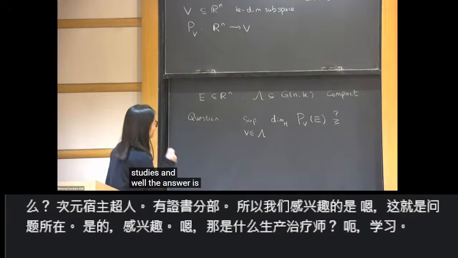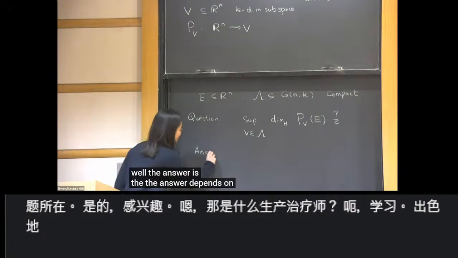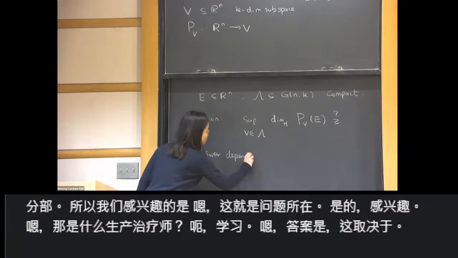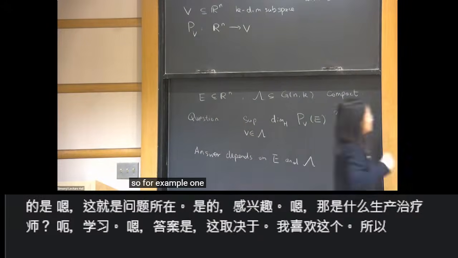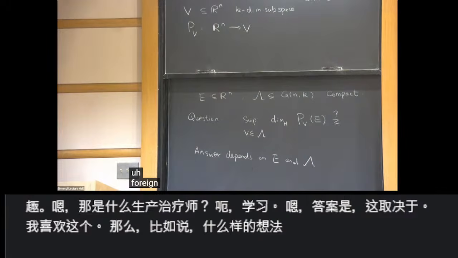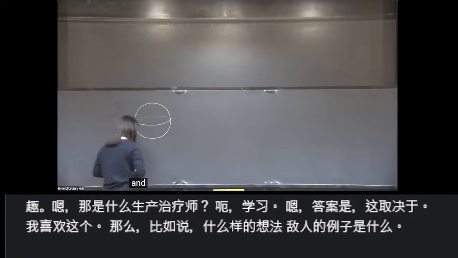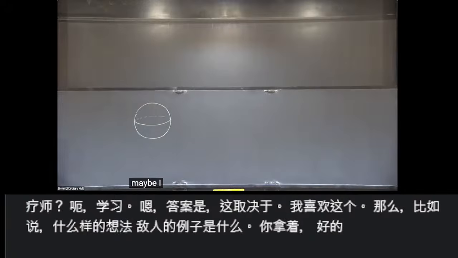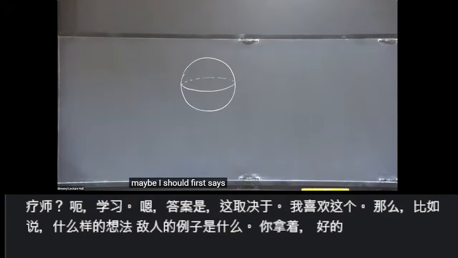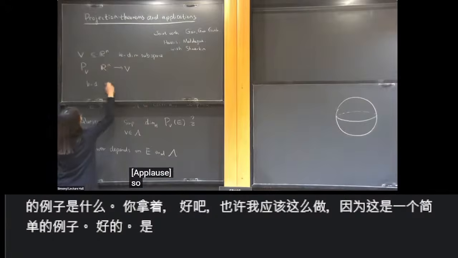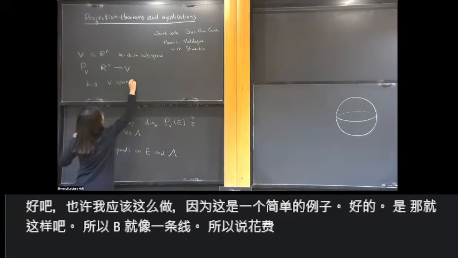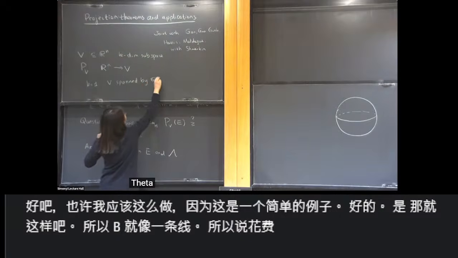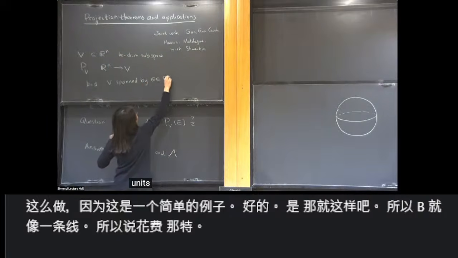The answer depends on E and Lambda. Maybe I should first say a simple example when k is 1, so V is like a line spanned by a unit vector theta.